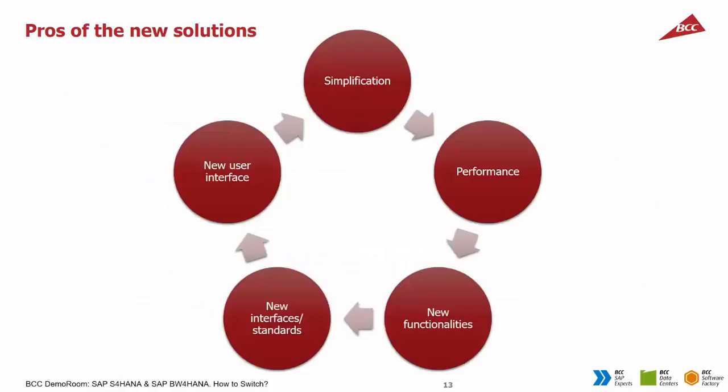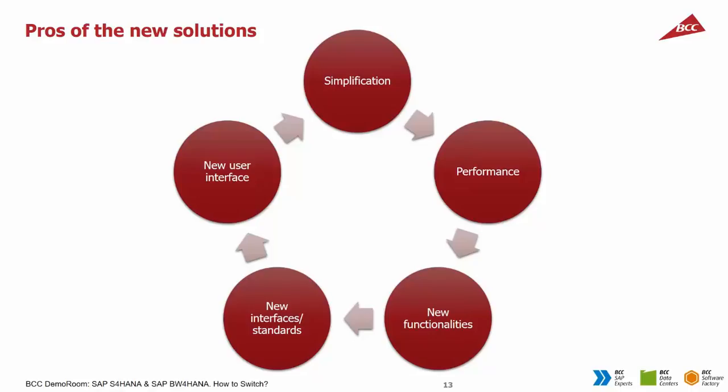Okay, so to put it into one diagram, what's most important about the new product is the simplification. Data inside the product is simplified. SAP got rid of the structures that were built over the years and simplified the product.